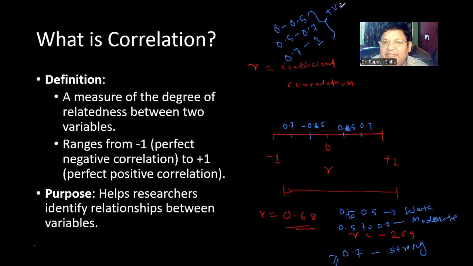If it is positive, you say positive weak, moderate, or strong. If the value is negative, you say negative weak correlation, negative moderate correlation, or negative strong correlation. That is how you are going to talk about these things. So I hope that makes it clear to all of you. Now let us move to the next concept.